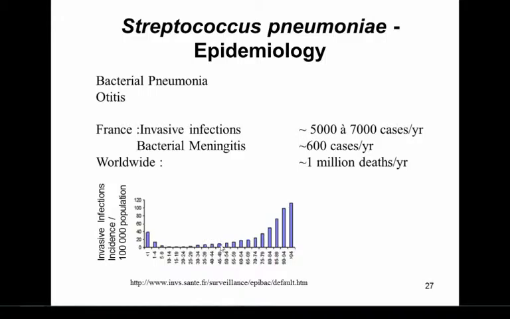That's pretty much how it stays until you get older. So people over 65, as you get older, your immune system kind of wanes, just like everything else, I guess. And older people get more and more susceptible to these invasive infections. It can be a severe cause of morbidity and mortality in older people.